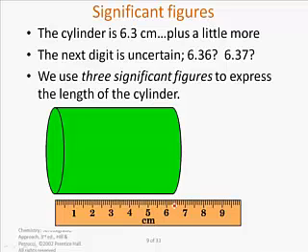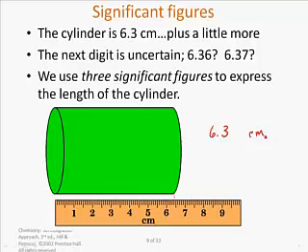So it's greater than 3, but if we drew a line, it doesn't necessarily look like it's quite there to the 4. So we can say with certainty that it's 6.3 centimeters.